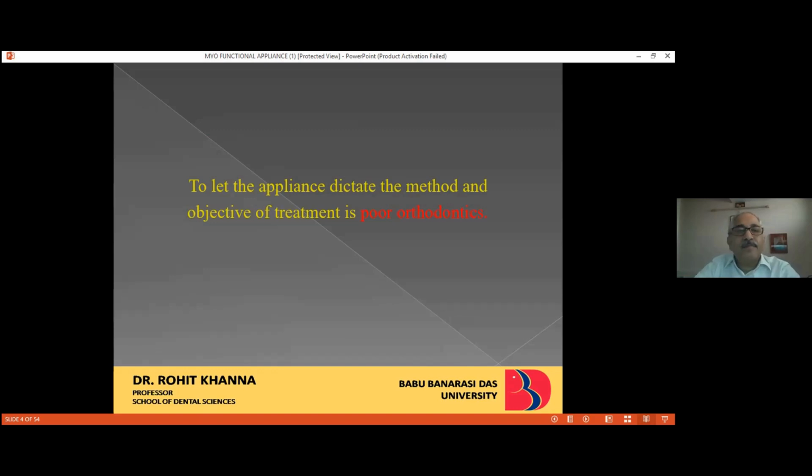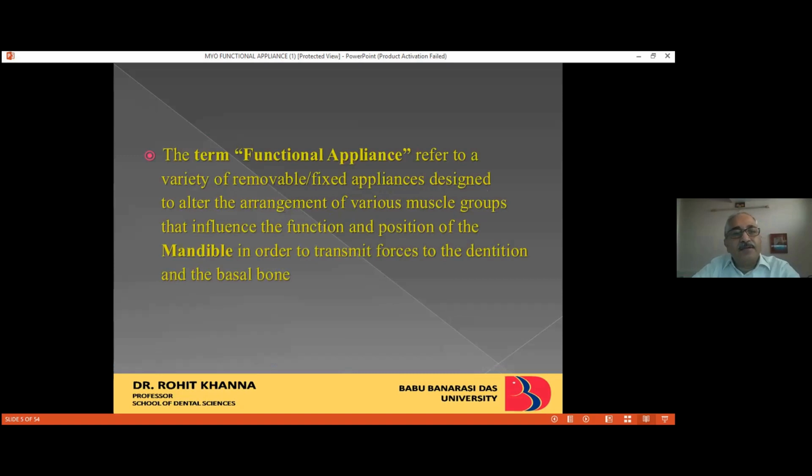The term functional appliances refers to a variety of removable and fixed appliances designed to alter the arrangement of the various muscle groups that influence the function and the position of the mandible in order to transmit the forces to the dentition and the basal bone.